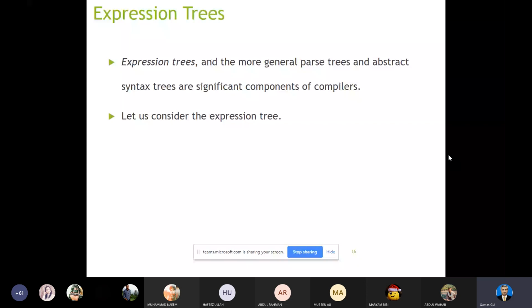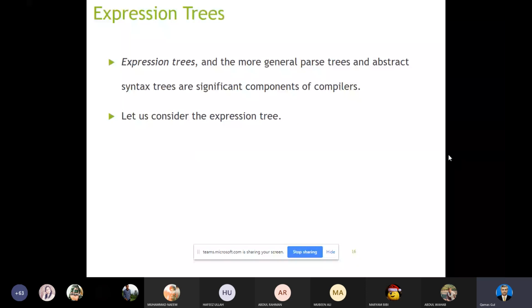Those components may be the linker and the assembler, and with the help of these two, it successfully compiles the program into the machine code, which is understandable by the computer. So expression trees and more general parse trees and abstract syntax trees are significantly used by compilers.